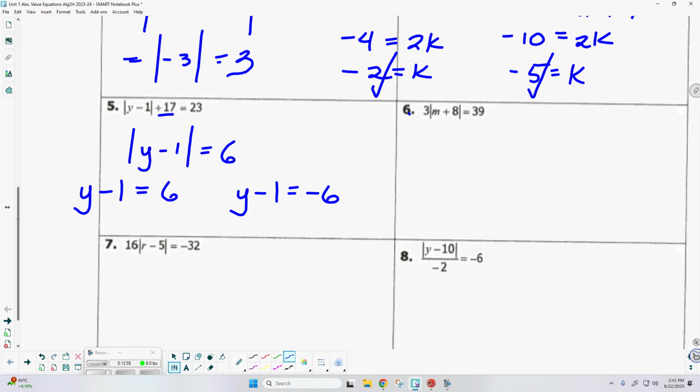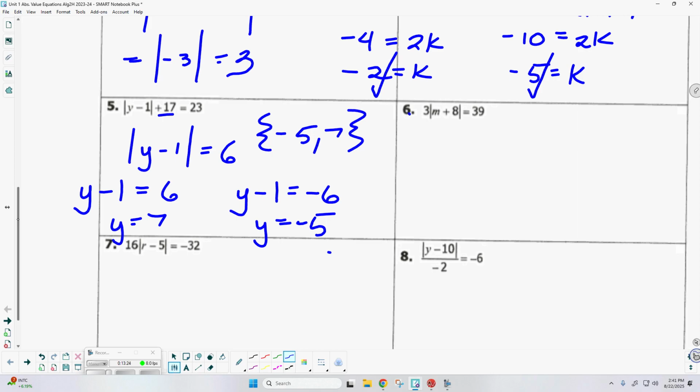And this one's going to be really easy to solve, because if I add 1 here, y is equal to 7. Here, negative 6 plus 1 is negative 5. Now, just because of the time, I'm going to say yes, they do both work, but you can check that. So I'm going to write it as a roster: negative 5, 7.